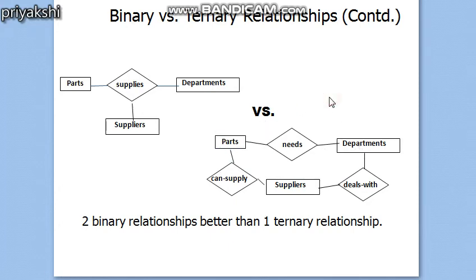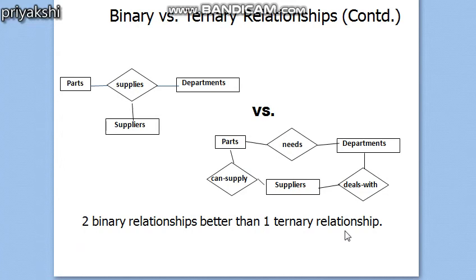So you can see that a ternary relationship can also be described as binary. But in most cases, whenever we are dealing with any ER diagram or real life database projects, most of the relationships are binary. Ternary relationships are more complex, and generally it is said that two binary relationships are better than one ternary relationship, because dealing with a ternary relationship becomes more complex.